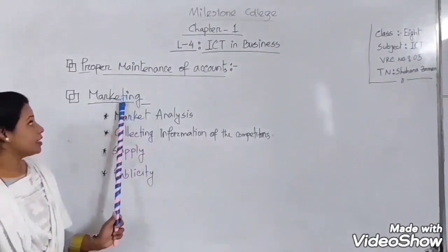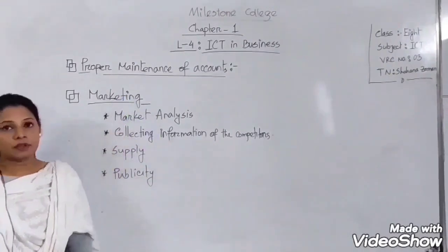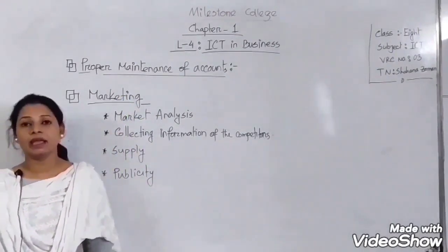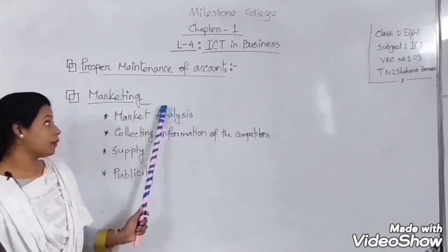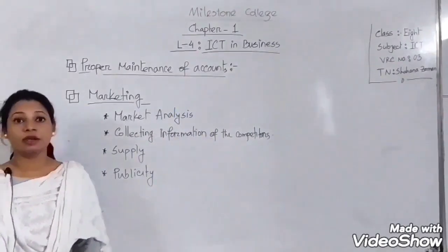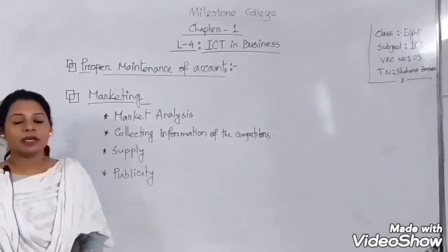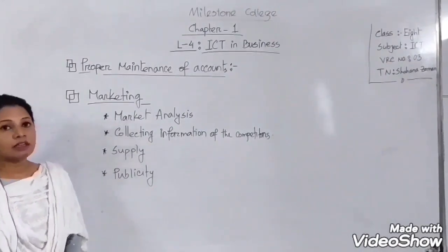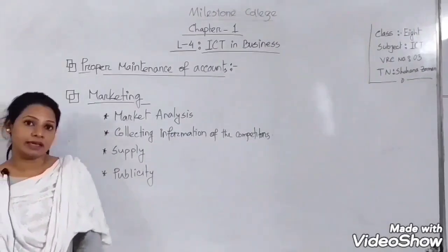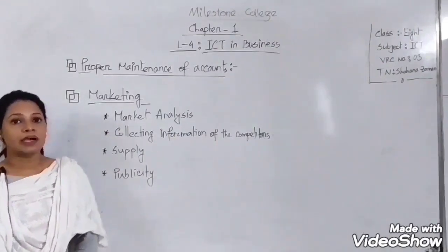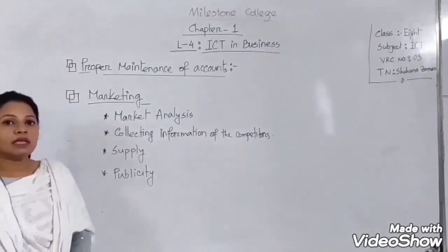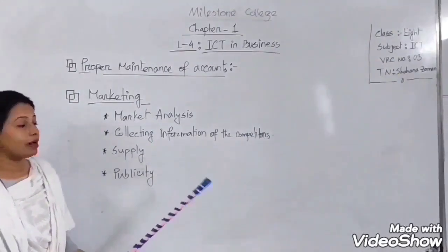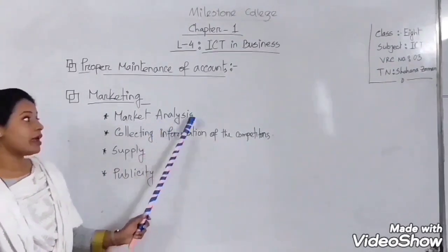Students, the next topic is marketing, and marketing has a great impact in the business sector, and ICT nowadays influences the marketing sector much. Whenever you want to develop your business, you have to have great ideas or knowledge about the marketing sector. For that, you have to go through some important issues. What are these? First one, market analysis.